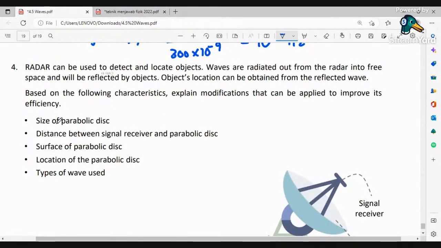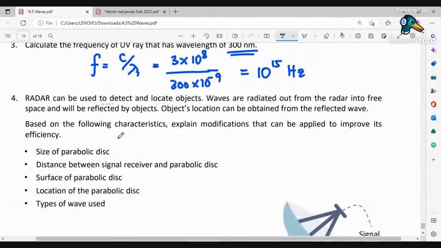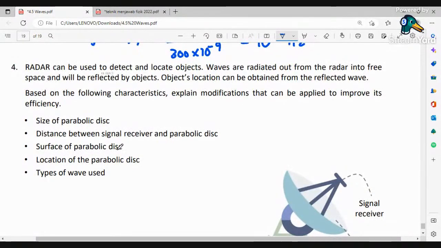First, you can copy down all the aspects: size of parabolic dish, distance between signal receiver and parabolic dish, surface, location, type.